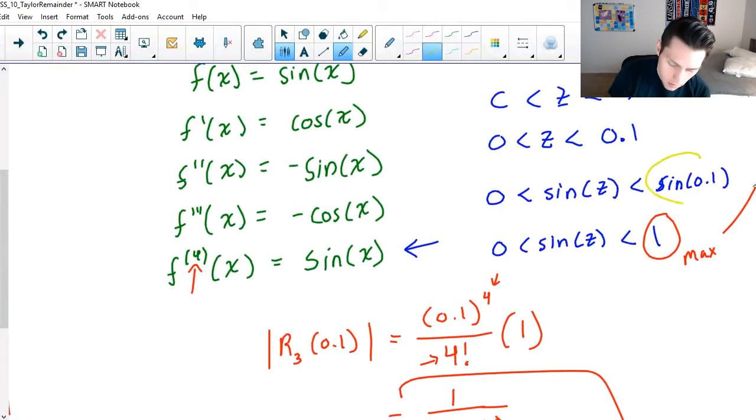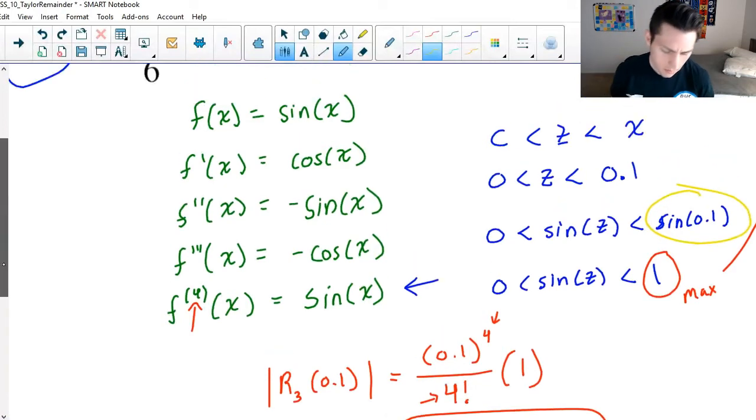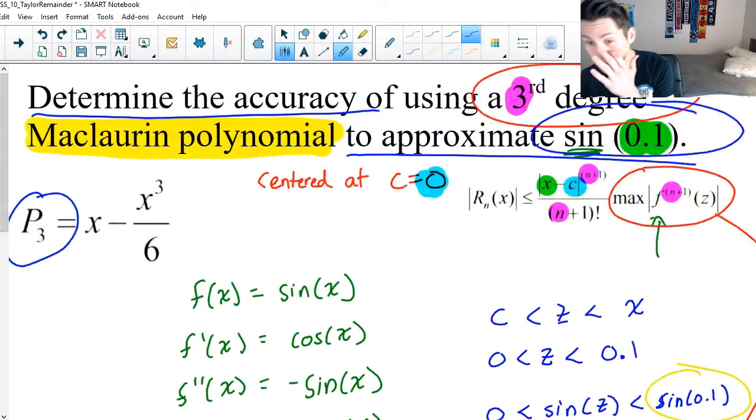Oh, you mean like right here? This is what you're saying? Yes, because, well, think about what our problem is talking about. Our whole thing is that we're trying to approximate sine of 0.1.